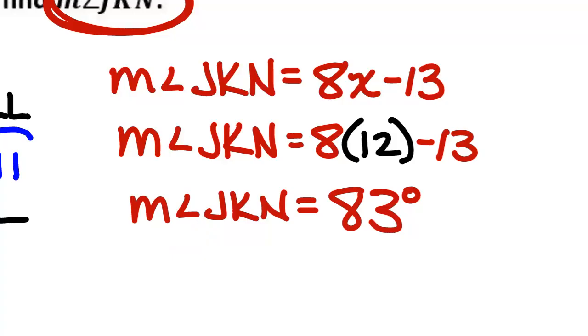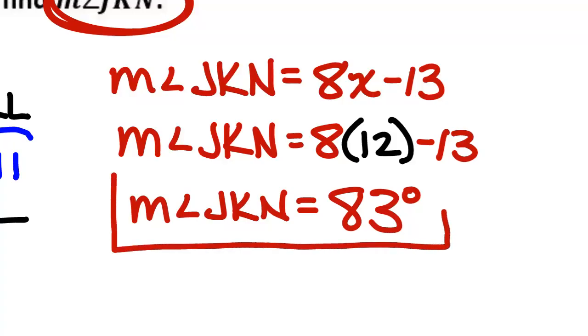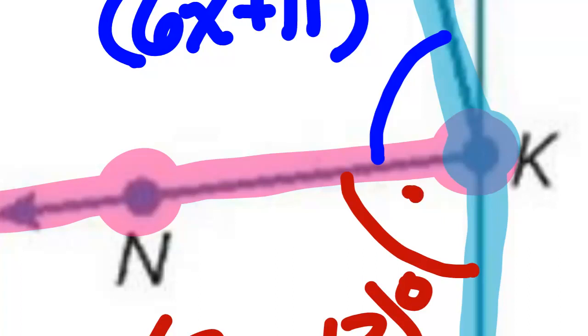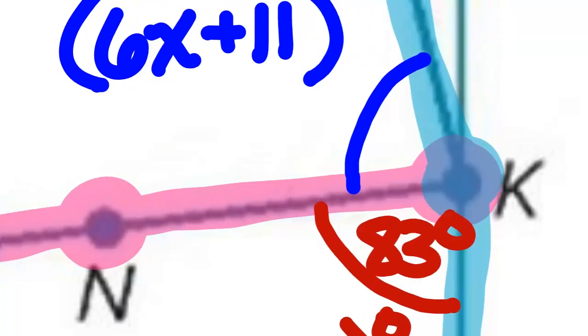Whenever I find the measurement of an angle, I put the unit of degrees on my final answer. All right, so let's add that to the picture. This is 83 degrees. Well, if this angle here is 83 degrees, how big is this angle up here? 83 degrees.